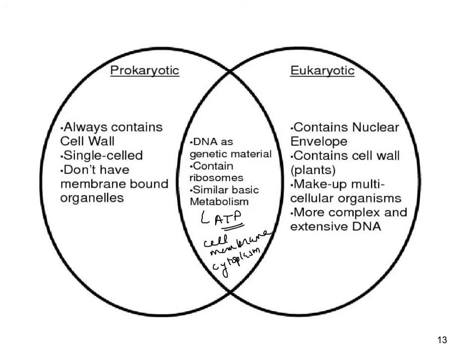They often contain cell walls, so plants plus fungi plus algae plus protozoa. They include multicellular organisms, although they also include many microbes. And in general, they have a more complex and extensive arrangement of DNA. They have something called chromatin.